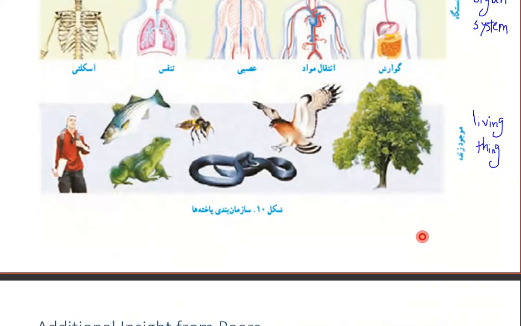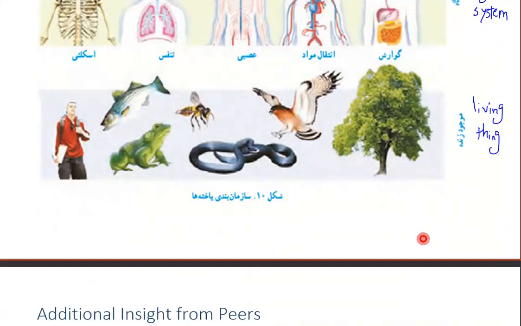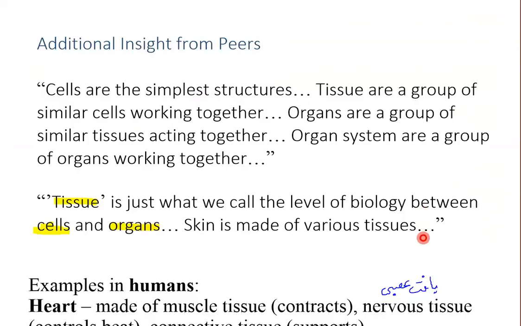Okay, so this is a hierarchy. Cells are the simplest structures. Tissues are a group of similar cells working together. Organs are a group of similar tissues acting together. Organ systems are a group of organs working together.